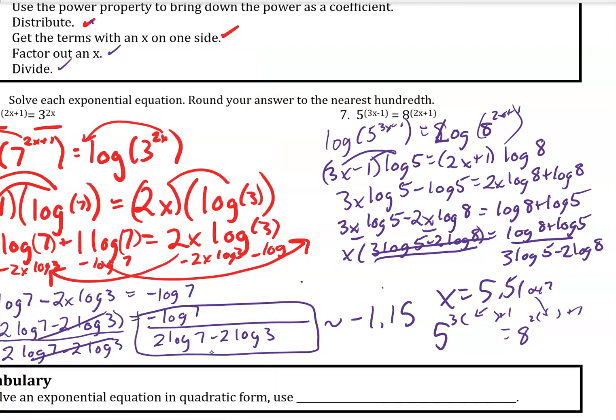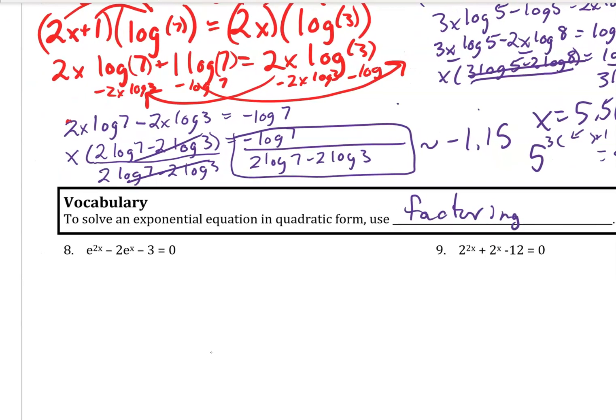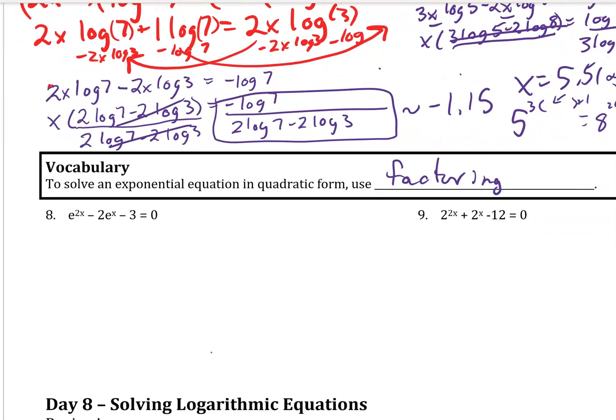So that worked. Vocabulary. To solve an exponential equation in quadratic form, use factoring. When I say factoring, e to the 2x means e to the x squared minus 2e to the x minus 3 equals 0. So think about that like x.